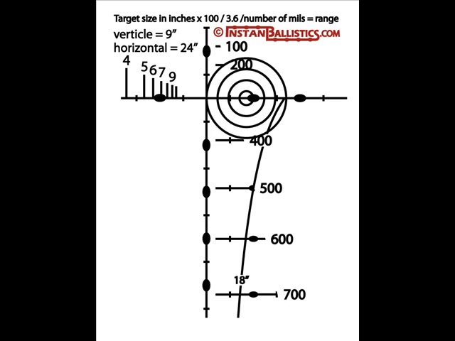So for this instance, the target is going to fit right at 300 yards. You can see that the maximum diameter of your target fits at the very tip of that funnel line, right where it intersects the 300 yard mark, which is also the zero of your rifle.